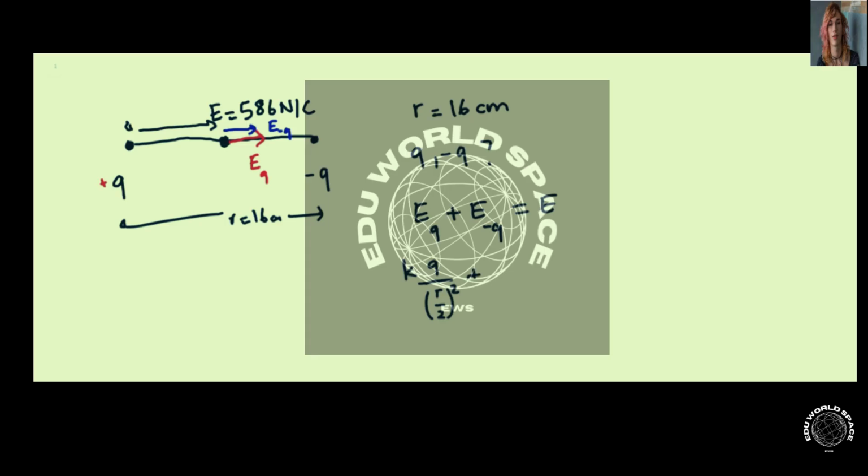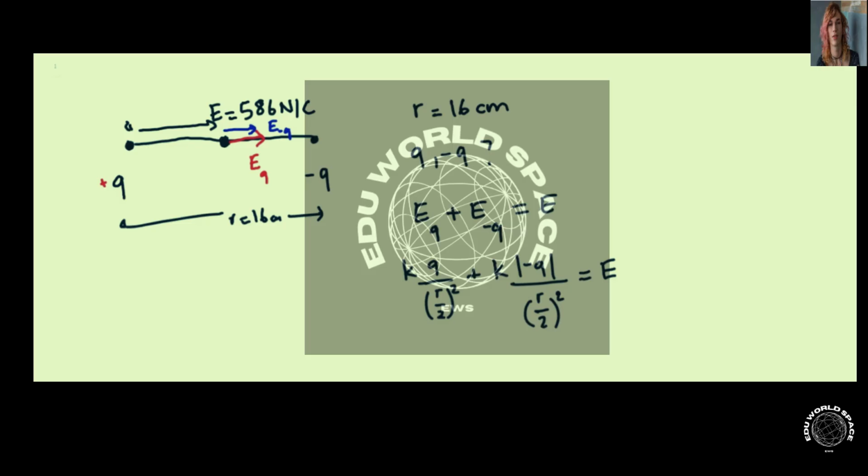Plus, for the negative charge, again, we're finding the magnitude, so we only take the absolute value of this charge. Again, the same story, R over 2 squared. If we add them up, it's equal to the total electric field.